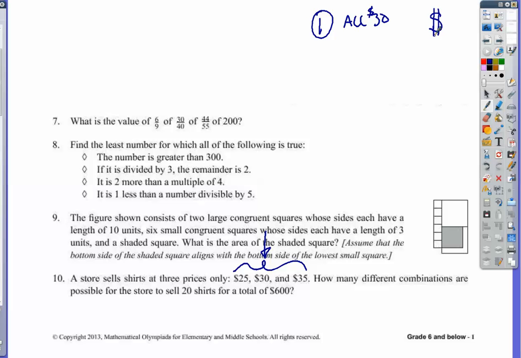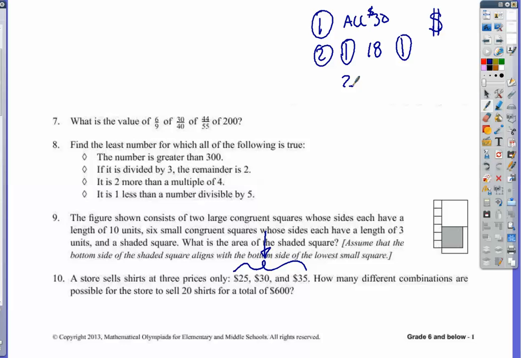All right, so then the next thing I can do is I could have one cheaper one. I can have 18 $30 shirts and one each of the others, and that's still 20. And this plus this gets me to my average of 30. Oh, all right.